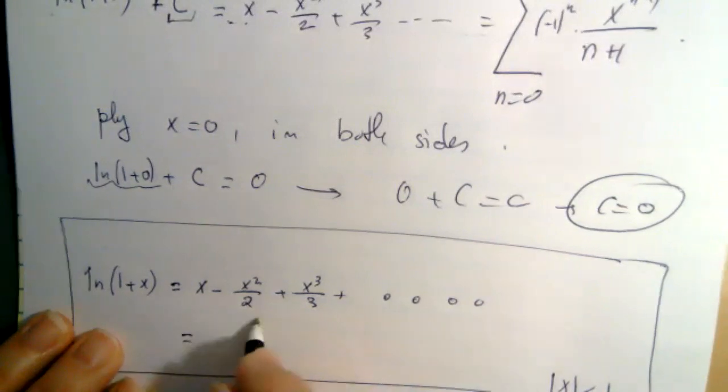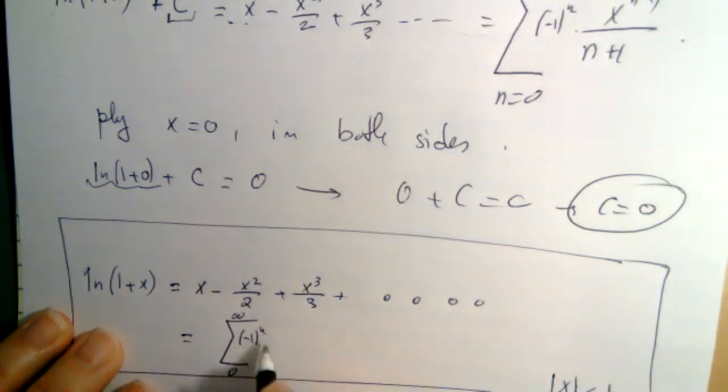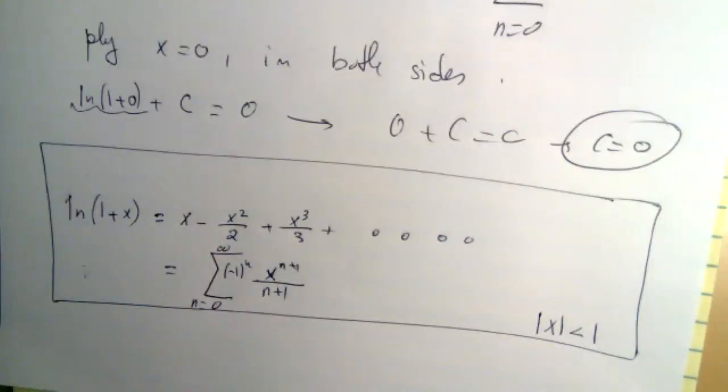It means it's equal to sigma from 0 to infinity of minus 1 to the n x to the n plus 1 over n plus 1. And that gives me the power series representation of ln of 1 plus x.